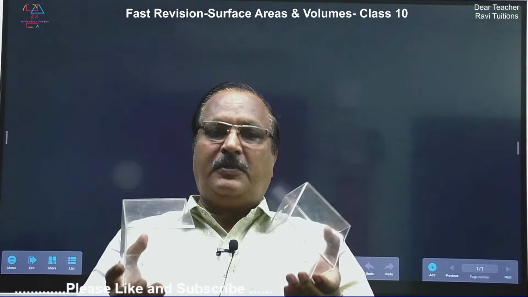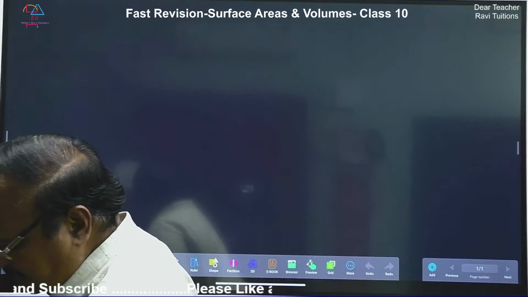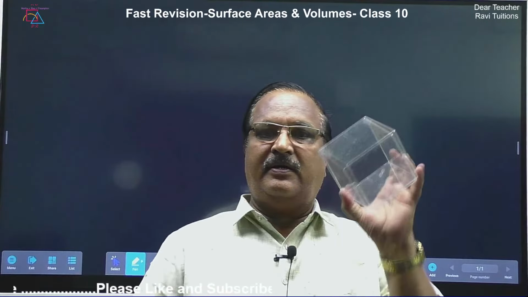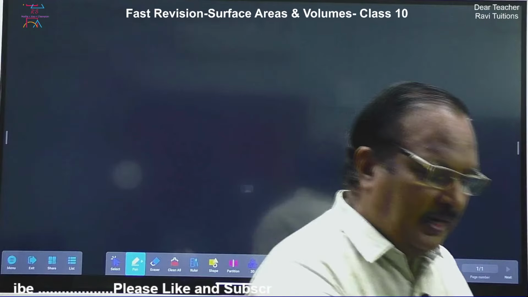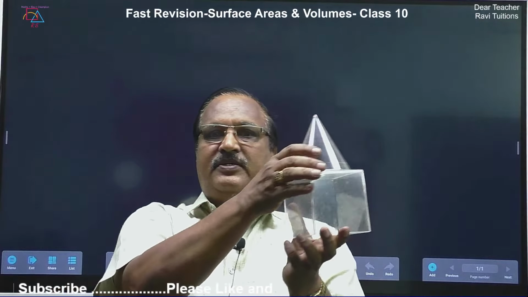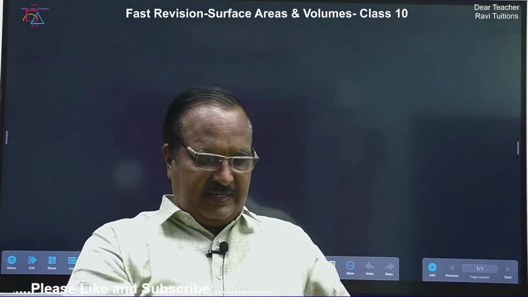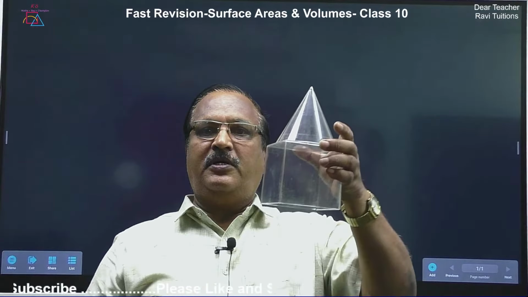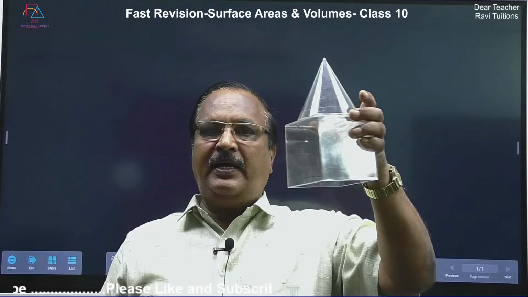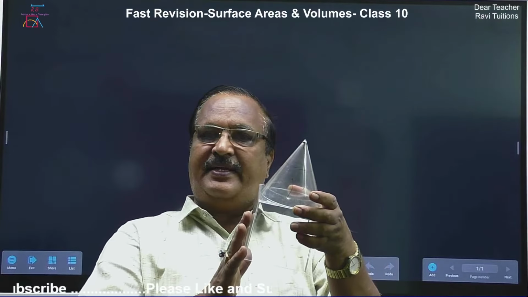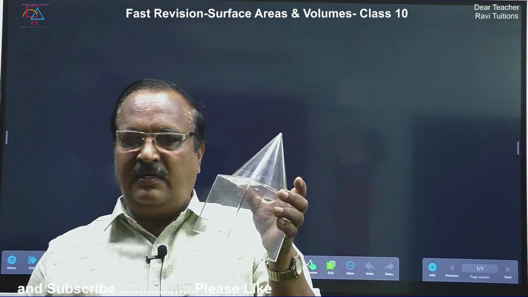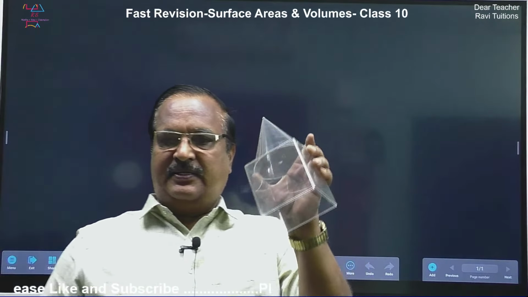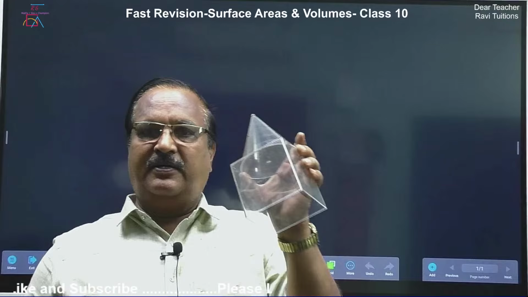Say now for example, we have a cube and a cone is placed on this. So then what happened? A new figure is formed. Now you have to find out the surface area and the volume of this new figure formed.